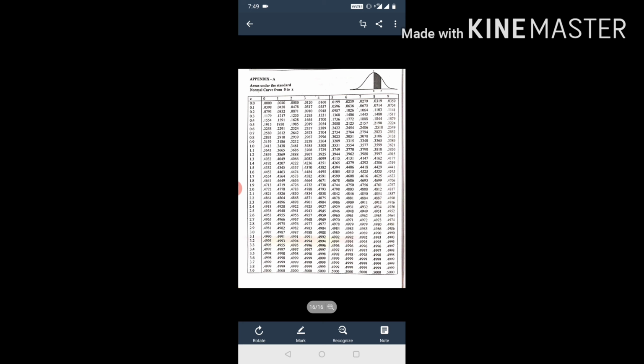Along the vertical axis you have values of z from 0.0 to 3.9, and horizontally you get numbers from 0 to 9. Whenever we solve the examples, keep this table beside you and write the respective values.